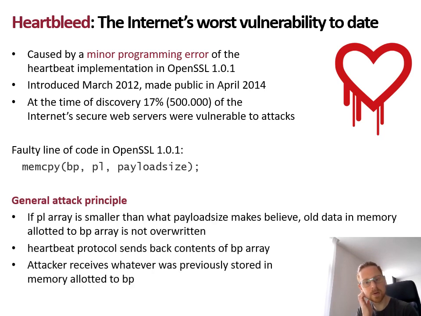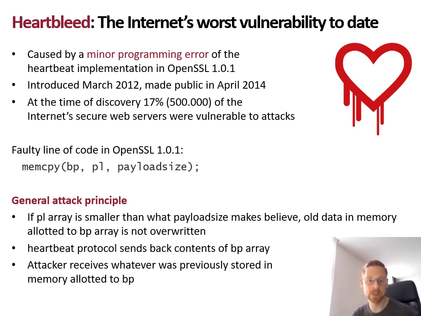So how does the attack work? Well, if the payload array, PL, is smaller than what payload size states, old data in memory allotted to the BP array will not be overwritten. The goal here is to copy the data in the payload array of the payload size into the BP array and then send back the data that's in the BP array.